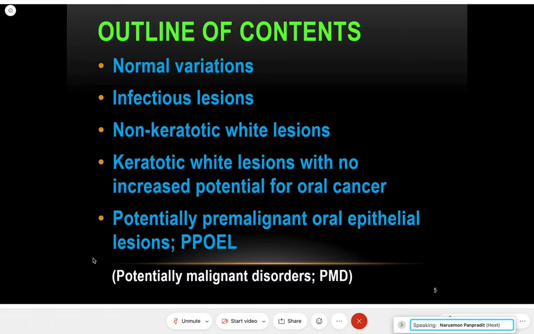This group was previously named potentially malignant disorder or PMD, which is the most popular name used. The earlier name was also pre-malignant lesion. That means the lesions in this group have a chance to turn into oral cancer, but whether the chance is high or low depends on the type of the lesion, which I will explain later.